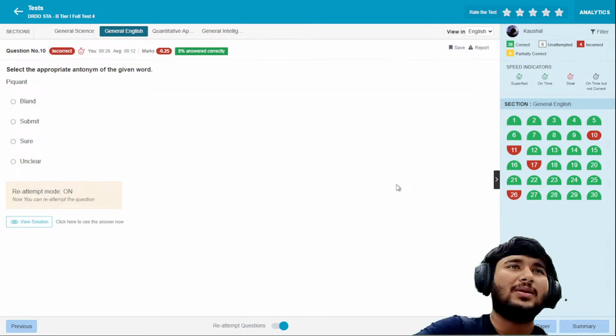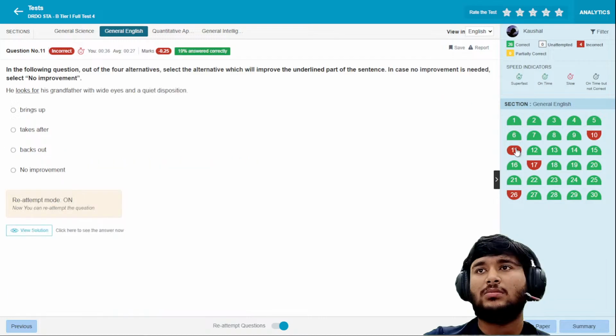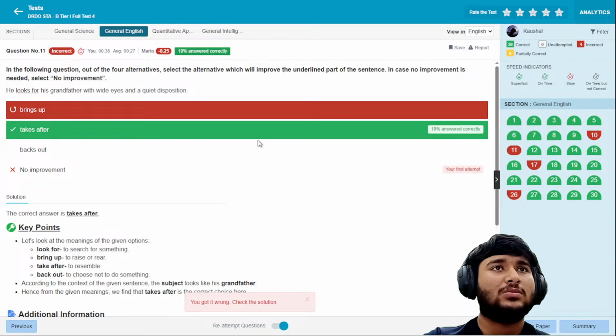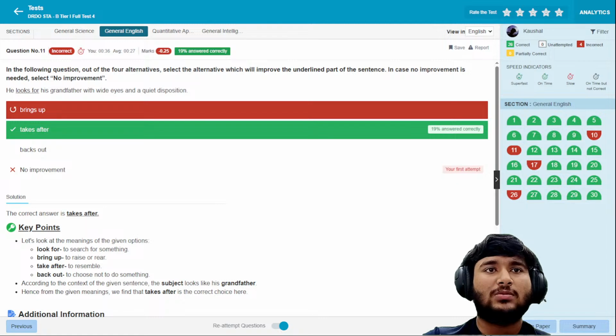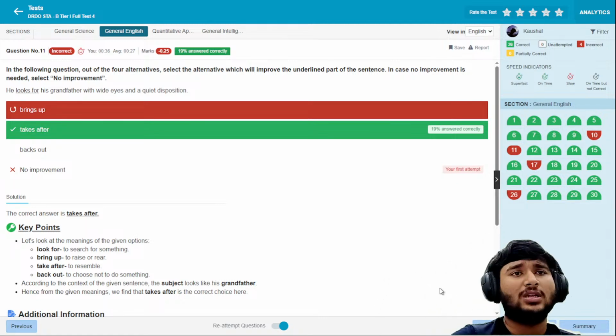Piquant, piquant means especially spicy. He looks for his grandfather with wide eyes and quiet disposition. Looks for, to search something, for his grandfather with wide eyes and quiet disposition. Hmm?